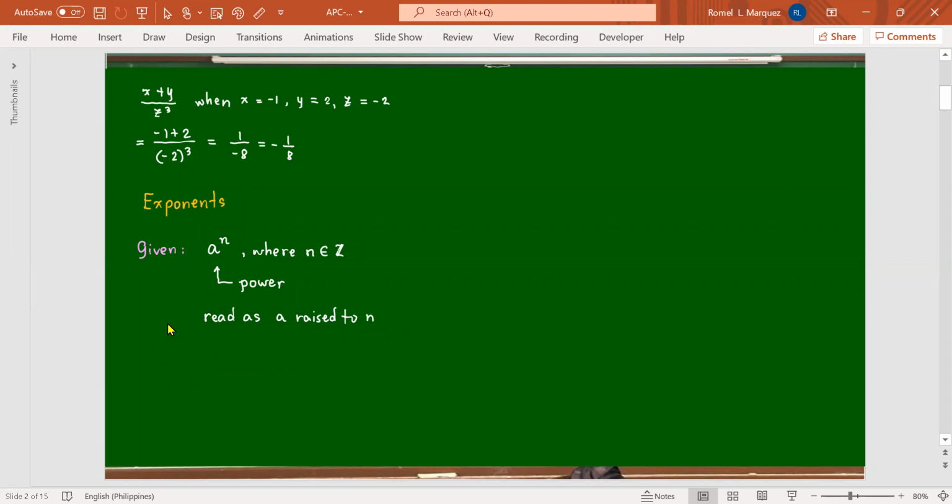So, for instance, if I have 3 squared, what does it mean? You're going to multiply 3 to what? To itself twice, no? 3 times 3. So that is equal to what, guys? 9, right? 9.